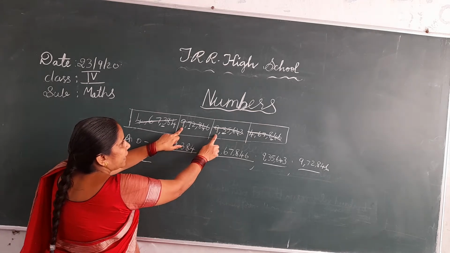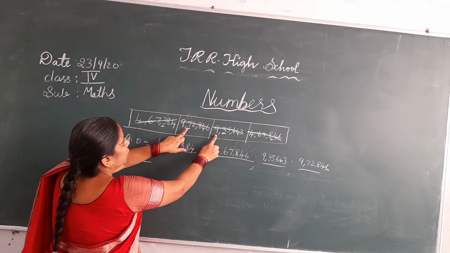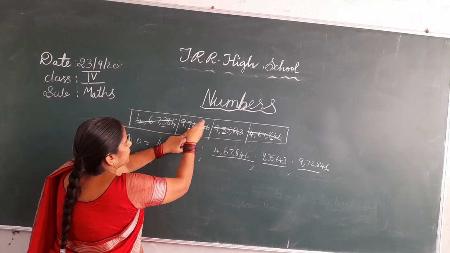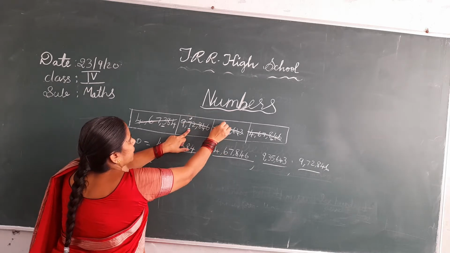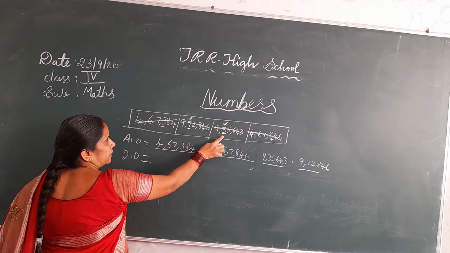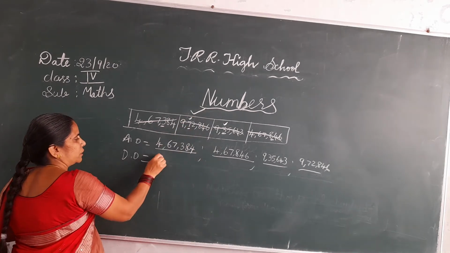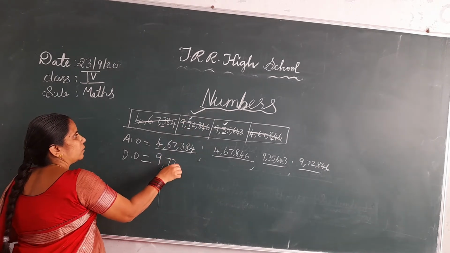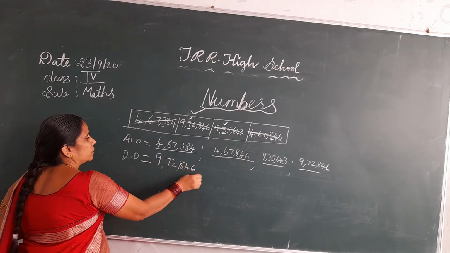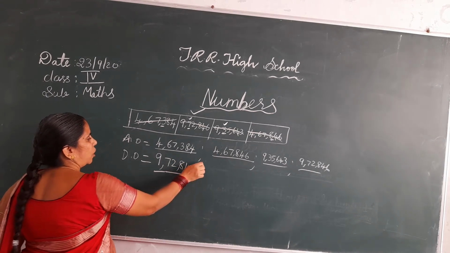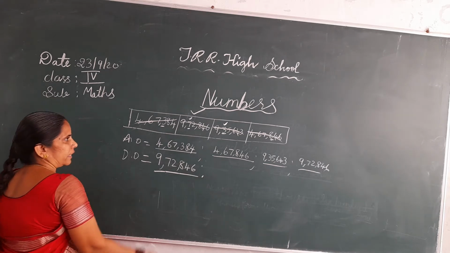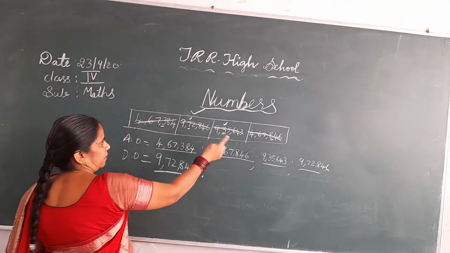So if both lakhs places are the same, then go to the 10,000s place. Here 7 is there and here 3 is there. Is 7 greater or 3 greater? 7 is greater. So this number you must write first: 9,72,846. Now the next greatest number. In these three, the next greatest number is this.